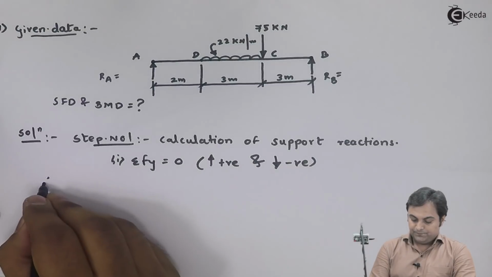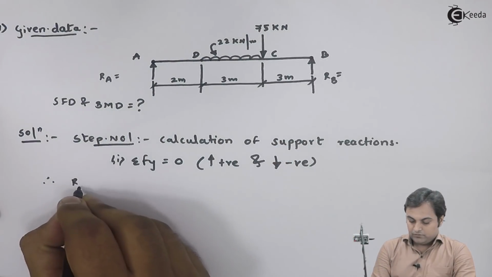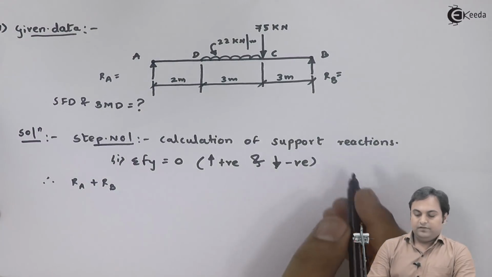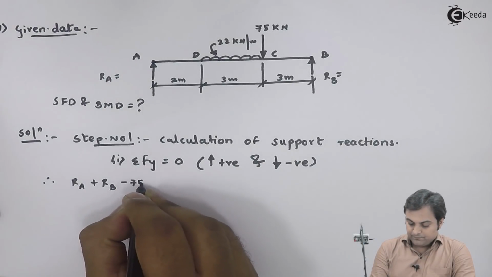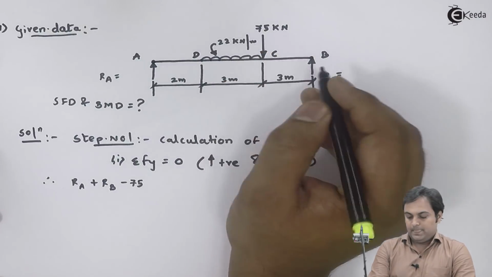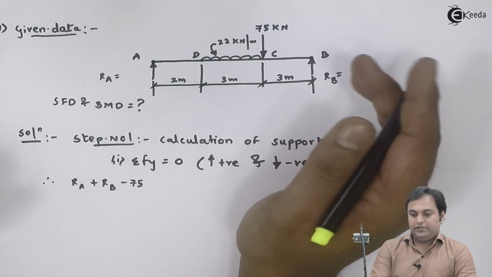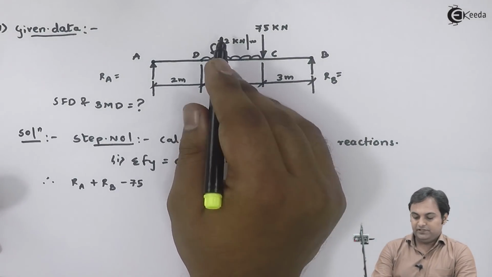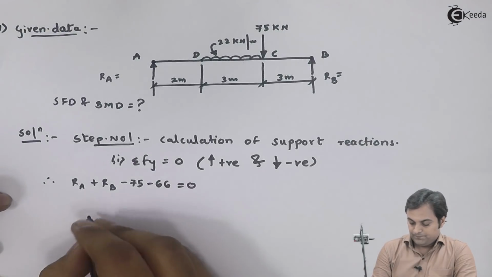So RA and RB are upward, so RA plus RB. 75 kilonewton is downward, so minus 75. 22 kilonewton per meter is the intensity of UDL acting over 3 meter distance. If I convert it into a point load, it would be 22 into 3, that gives me 66, and it would be in the downward direction, so minus 66 is equal to 0.